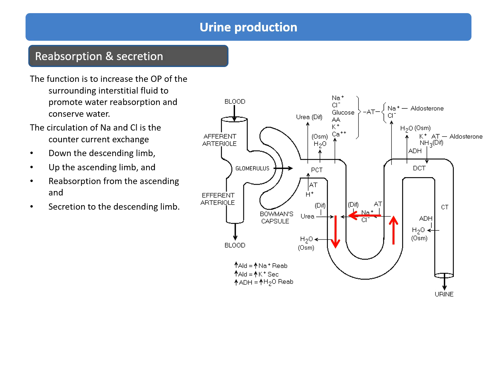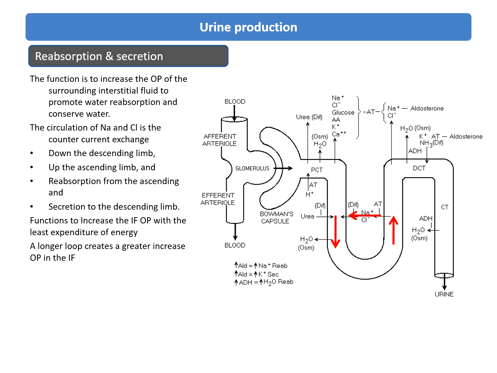Then they're reabsorbed from the ascending limb into the interstitial spaces and secreted into the descending limb. And again, the function is to increase the interstitial fluid osmotic pressure with the least expenditure of energy. The longer loop generates a greater increase in the osmotic pressure of the interstitial fluid.